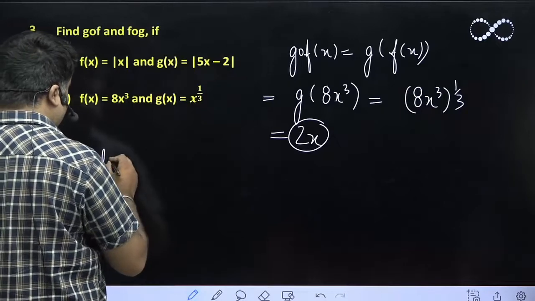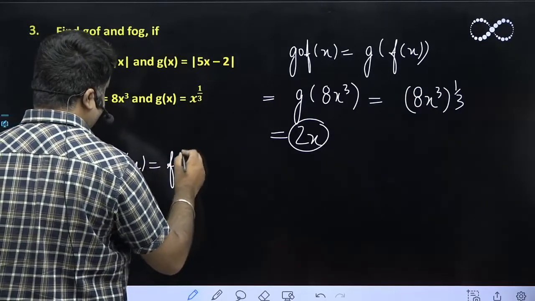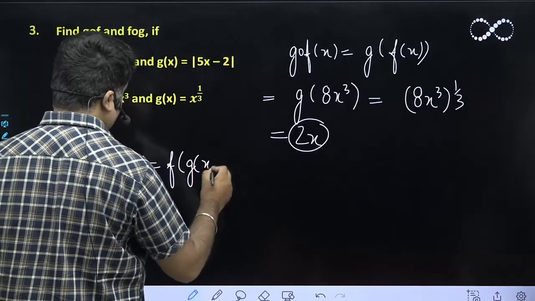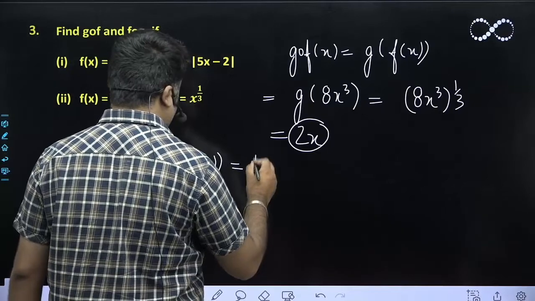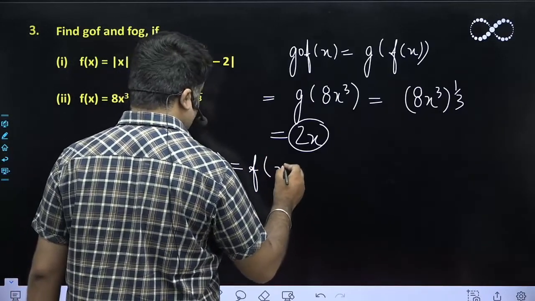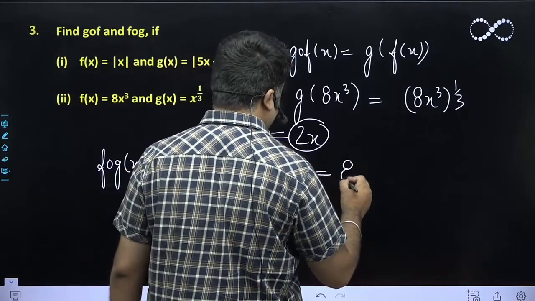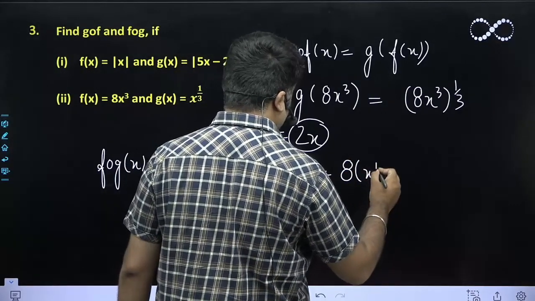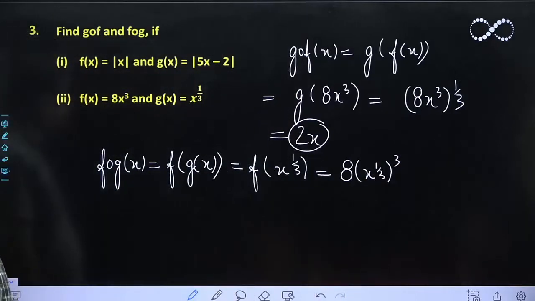Similarly, we'll find FOG x. This is equal to F of G of X, right? Which is nothing but F of x to the power 1 by 3, which is nothing but 8 times x to the power 1 by 3 cube, right?